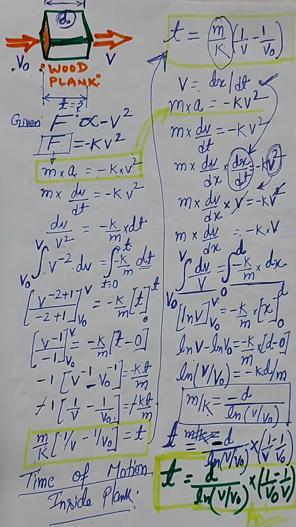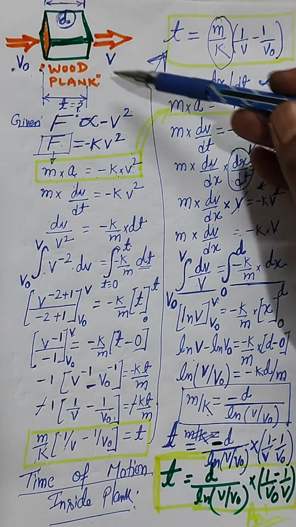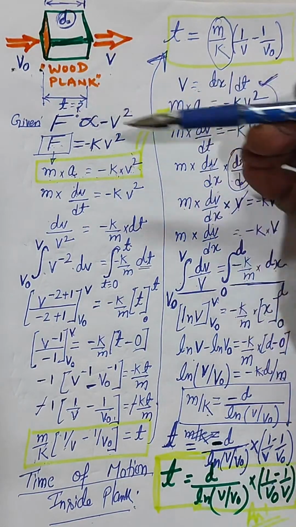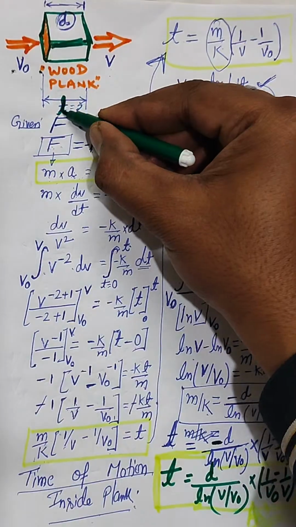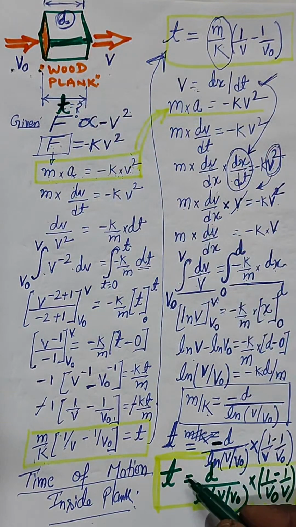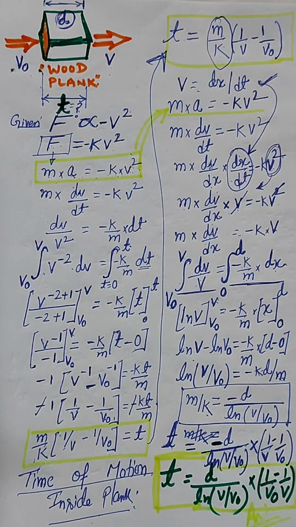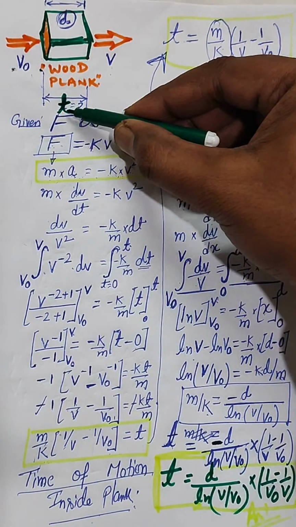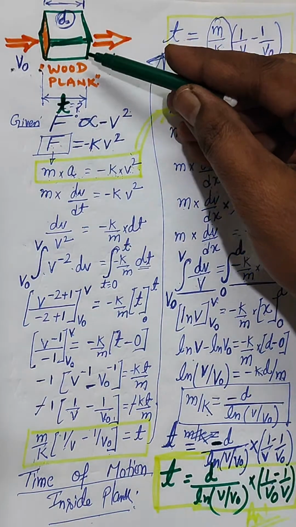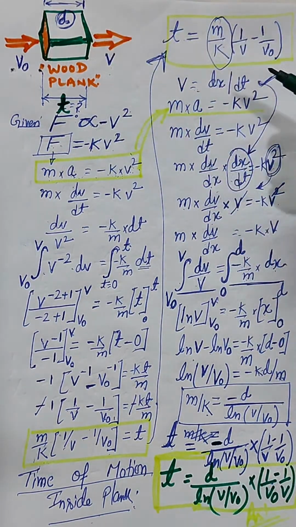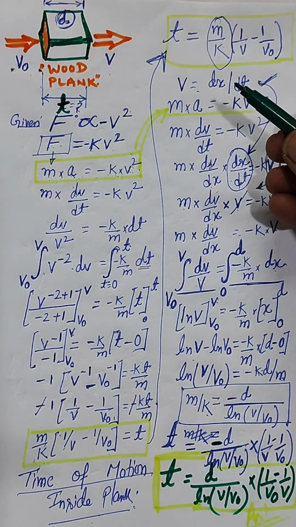Find the time of motion of the bullet in the plank, that means till what time the bullet is there, assuming the resistance offered by the plank is proportional to the square of the velocity of the bullet.